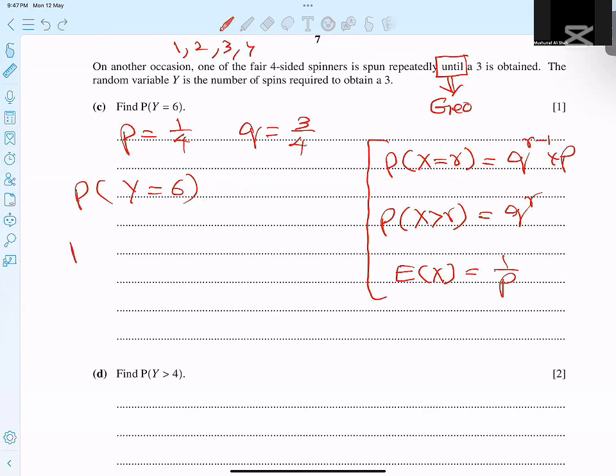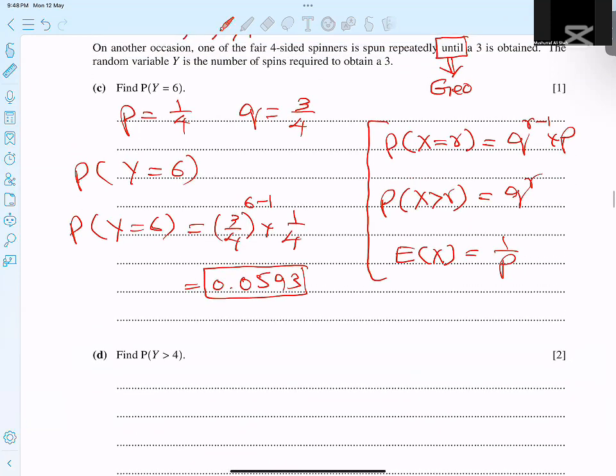If I apply this formula, students, Y equal to 6, so Q to the power 6 minus 1 into P. And that's it. If we apply this in calculator, the answer turns out to be 0.05933 SF.